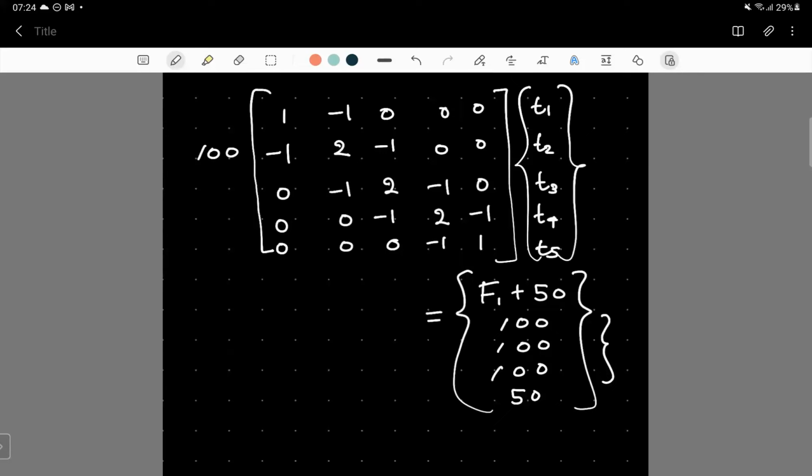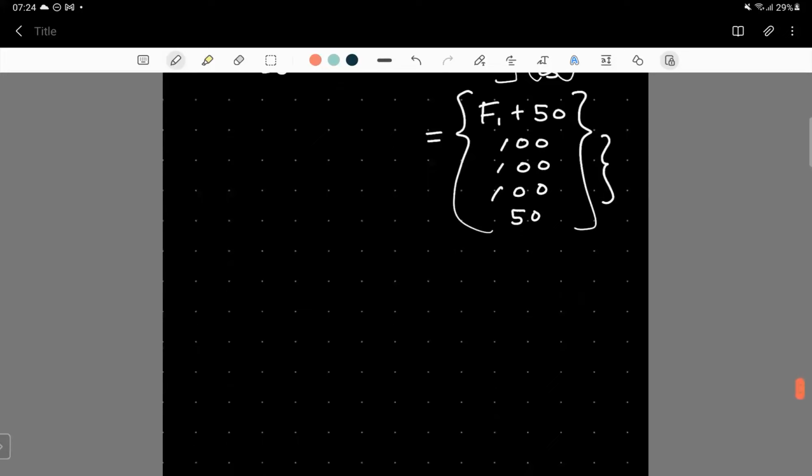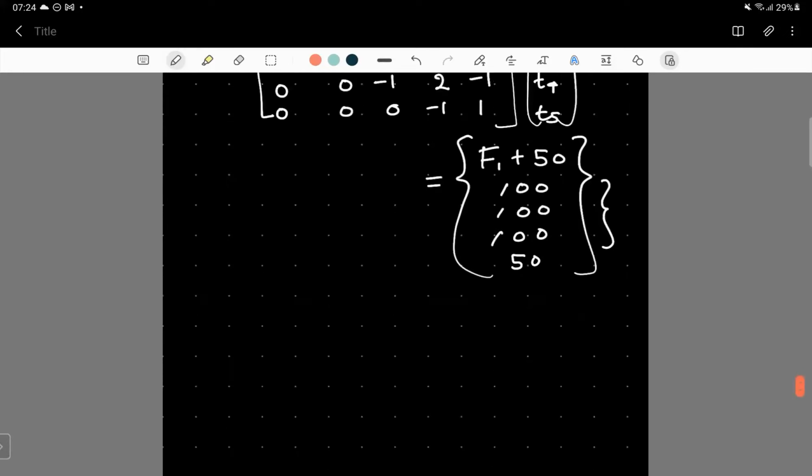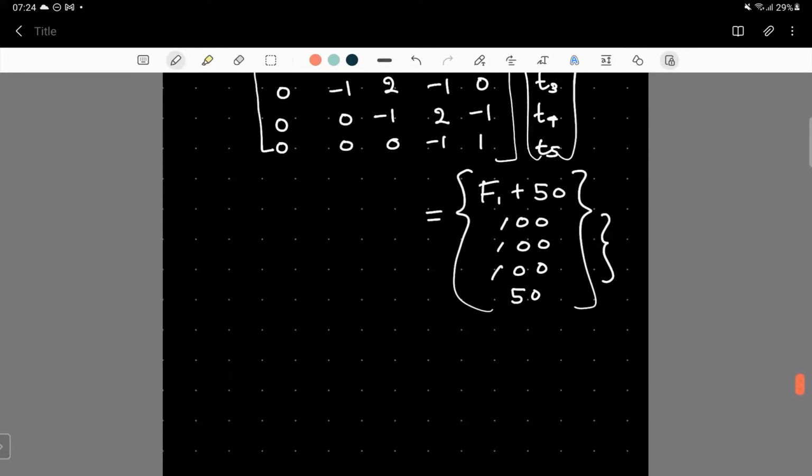For that, we apply the known temperature by substituting T1 equal to 200 degrees into this equation, and dividing both sides by 100, because there's a common factor of 100, and transposing the term to the right hand side, we will get the following formulation, which can be solved as a set of simultaneous equations.